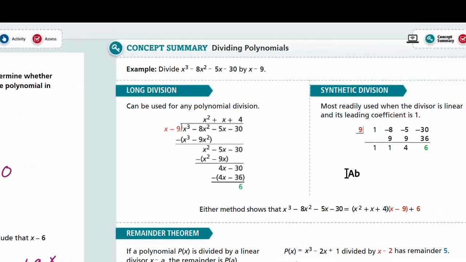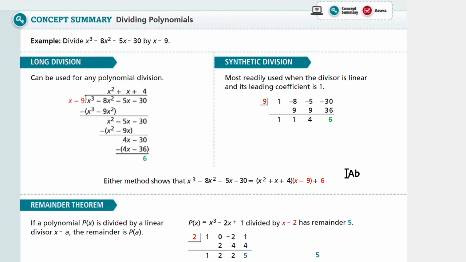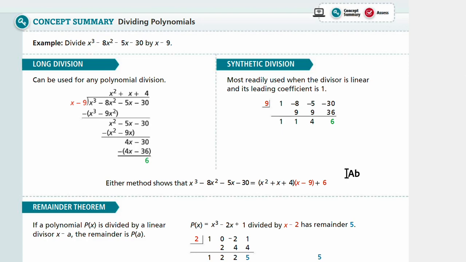Okay, let's wrap up our lesson. We looked at dividing polynomials and ended with the remainder theorem and the factor theorem. In the beginning of the lesson, we talked about long division and synthetic division. Using long division, you can divide any polynomials, and whatever is remaining, you can write as a remainder.